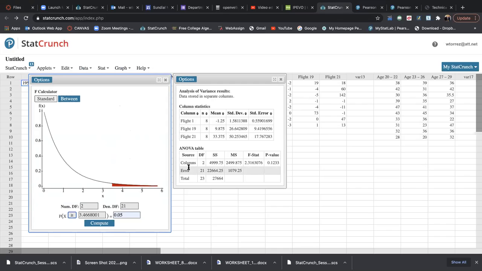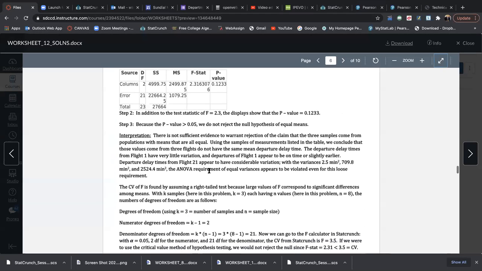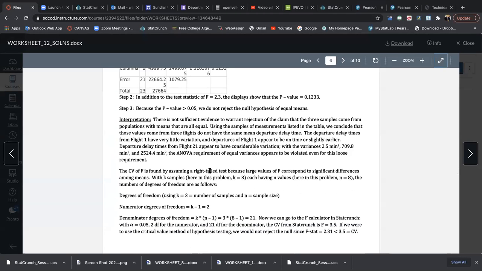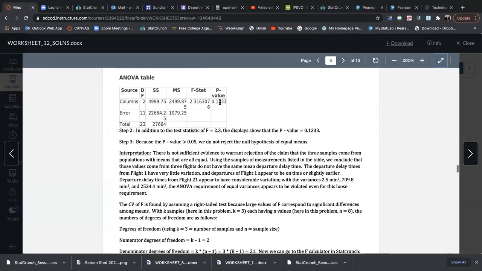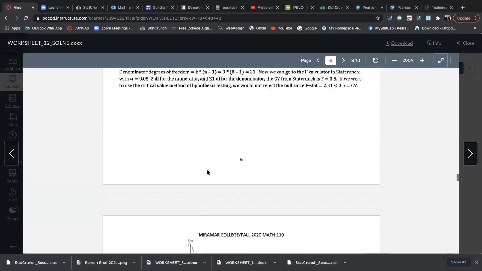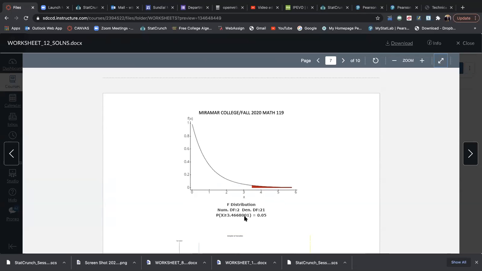All of this data has been copied and pasted into our document. And here we see our p-value, our F-stat, and then down here we have the critical value, about 3.5.